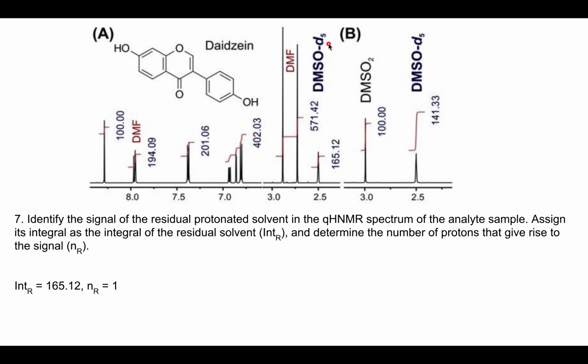However, one of the 6 has been swapped with a proton, and this now makes it visible on our NMR spectrum, and this is why it is our residual protonated solvent. So at 2.5 ppm, we have an integral value worth 165.12. So we assign that as our integral for the residual solvent, and only 1 proton makes up the signal, and that's because one of the deuterium atoms has been swapped with only 1 proton.